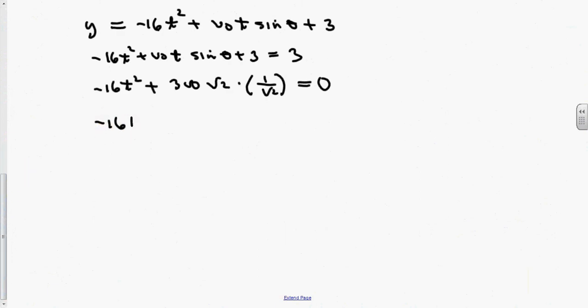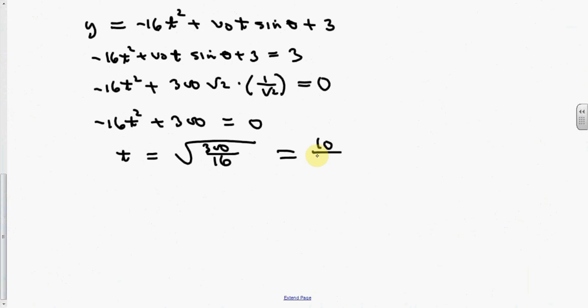So I get negative 16 t squared plus 300 is equal to 0. That gives me t is equal to the square root of 300 over 16. Well, this is the square root of 100 is 10. The square root of 16 is 4 times the square root of 3. So this is 5 times the square root of 3 all over 2.